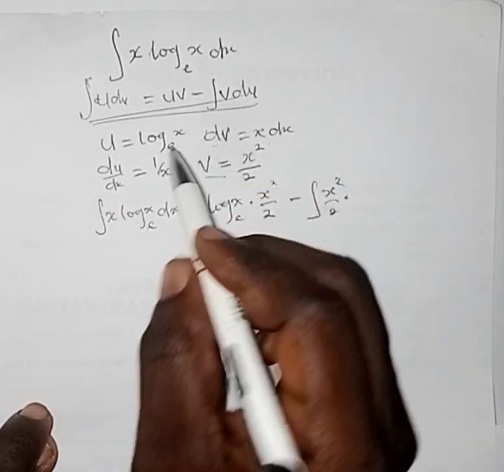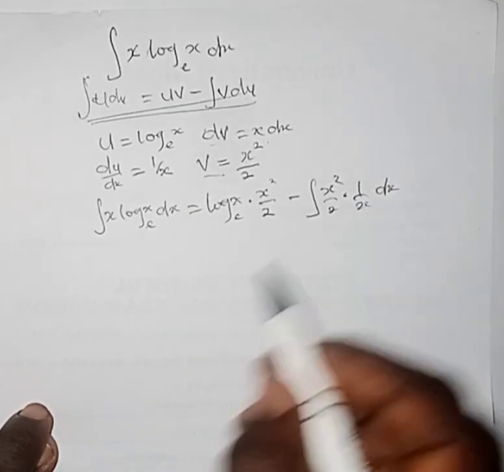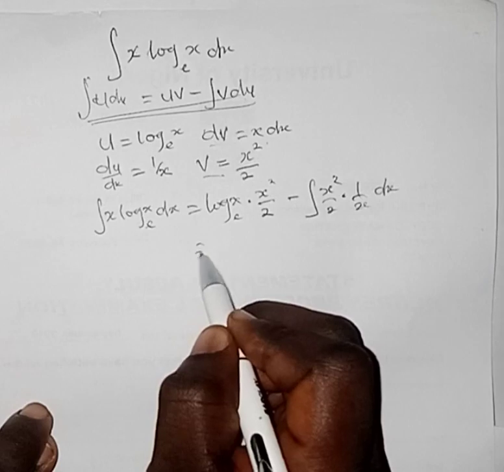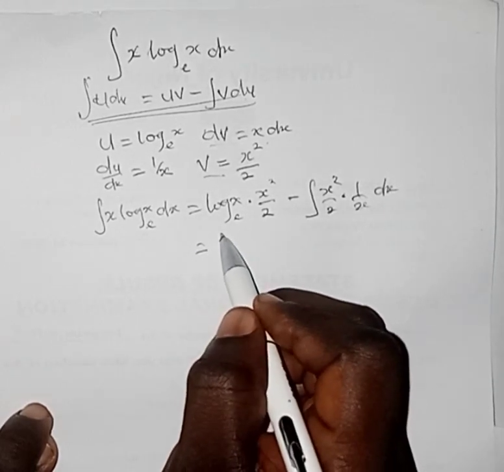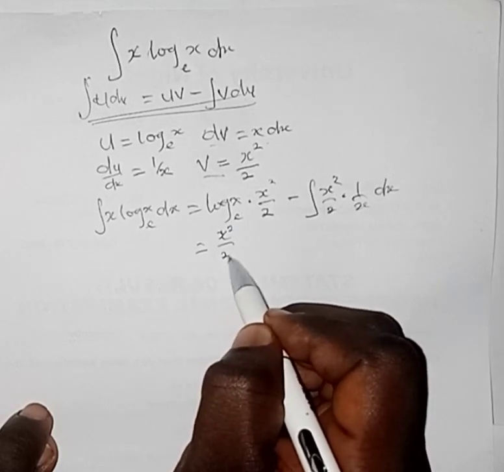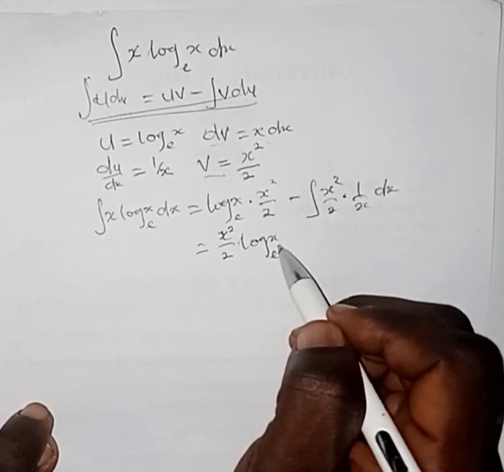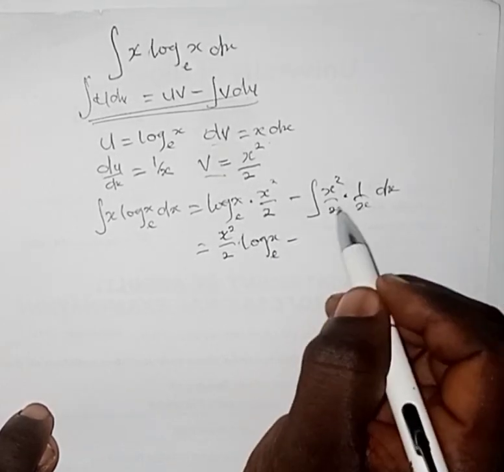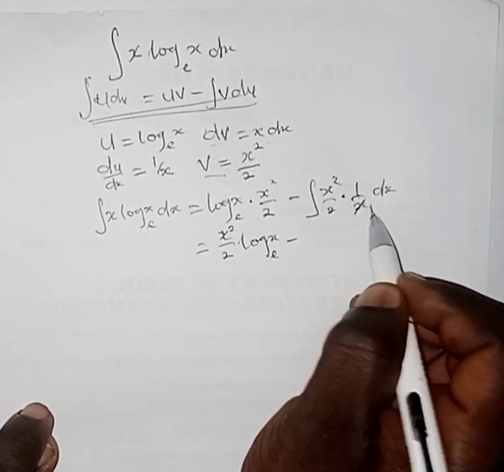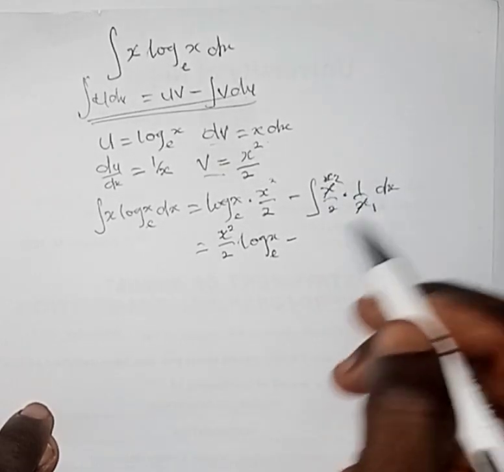Our du is actually 1 over x, so we have the x. So evaluating this, what we are going to be having is x squared over 2 log x base e minus, I want to cancel here, and then I'll cancel 1 x here, so I'm left with 1 x right here.